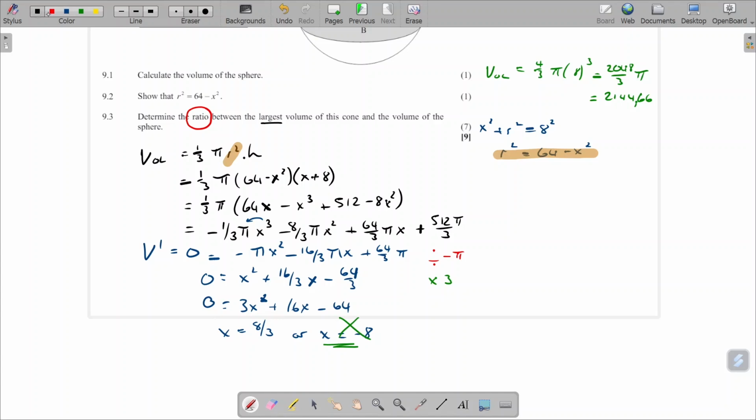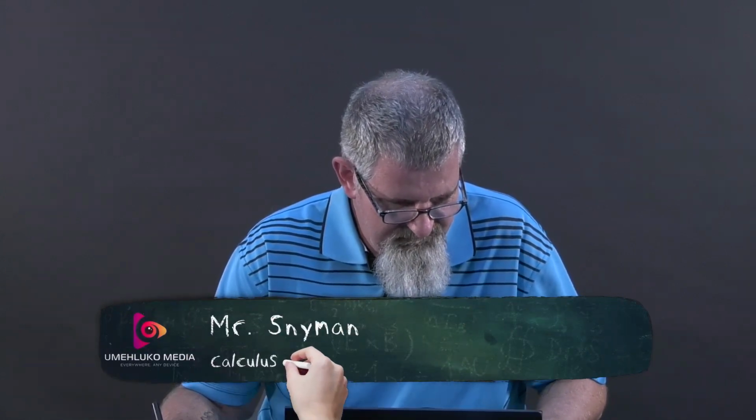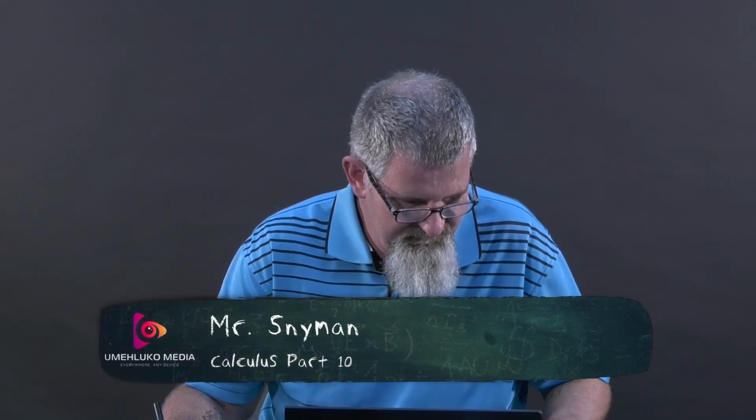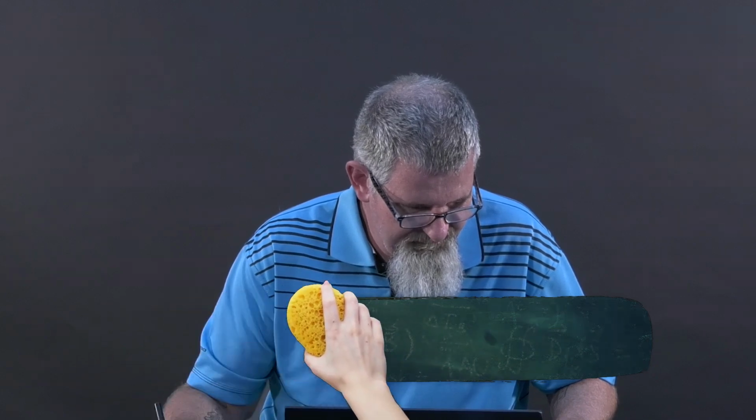Now we need to go back and plug that into our equation. So our volume maximum would be equal to... let's work this out. I'm going to store 8 divided by 3 in my calculator as a value.